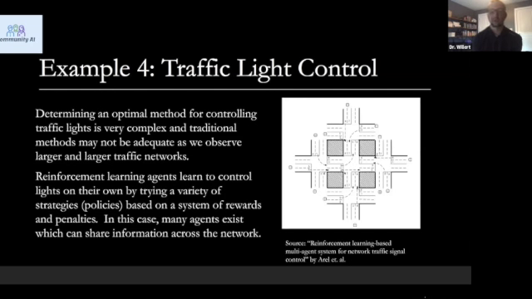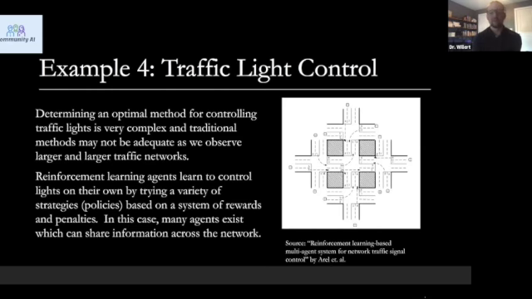So one alternative in a paper that was just written, I believe this year, uses reinforcement learning agents to control the lights on their own by trying a variety of strategies. In the reinforcement learning community, a strategy is generally known as a policy, which provides rewards and penalties. So in this case, the traffic lights might be able to share information with each other, such as how many cars are waiting at a red light, or the rate at which cars are passing through the intersection.